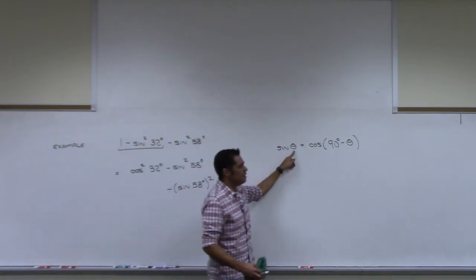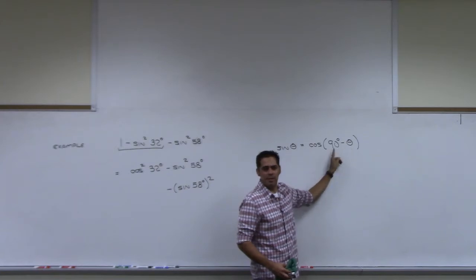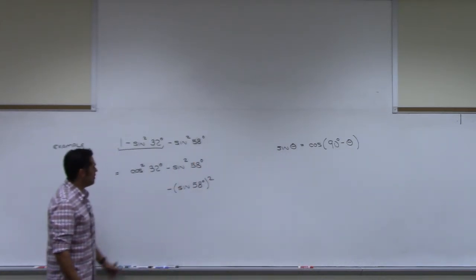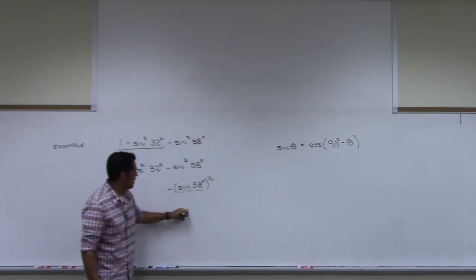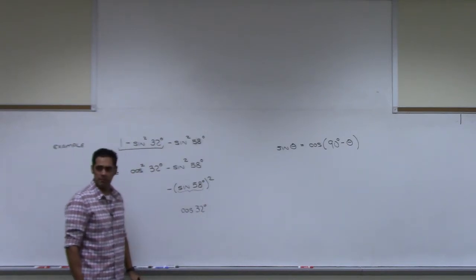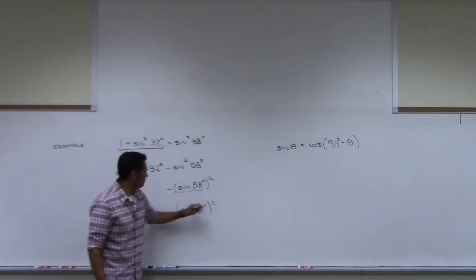Sine of 58 is cosine of 90 minus 58. What's 90 minus 58? 32, right? So can't this right here turn into cosine of 32 degrees? Can't it? According to that. And that's still what? Squared?